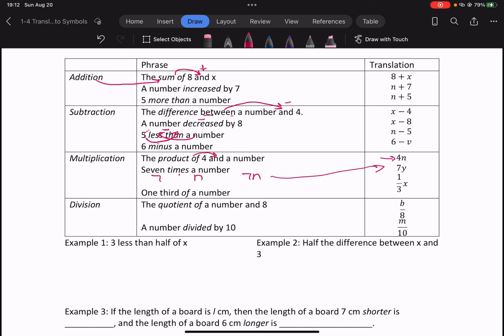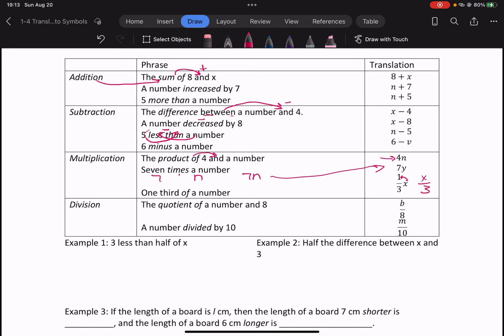If you see "of" between, usually it's a fractional number. If the number is a percent or a fraction, the word "of" means multiply. So 1/3 of a number is 1/3 times x, or 1/3 x. Another way we'll learn later is that x can go up top and you write it as x over 3. Either way would be fine.